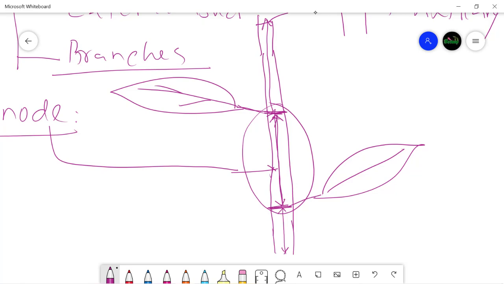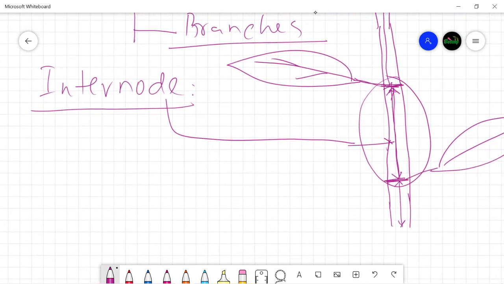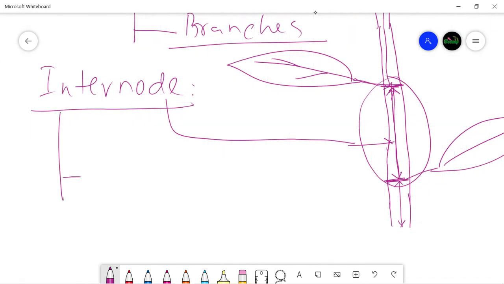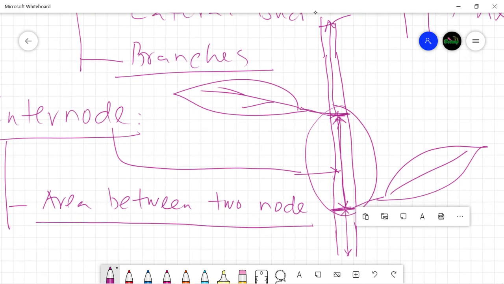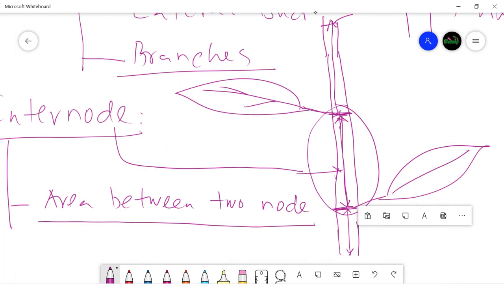As I said in the very first video, we can define the internode in this way as well: the distance or area between two nodes, excluding the word successive or consecutive. While this definition is correct, there's nothing wrong with it, the problem is which of the two nodes we are referring to.